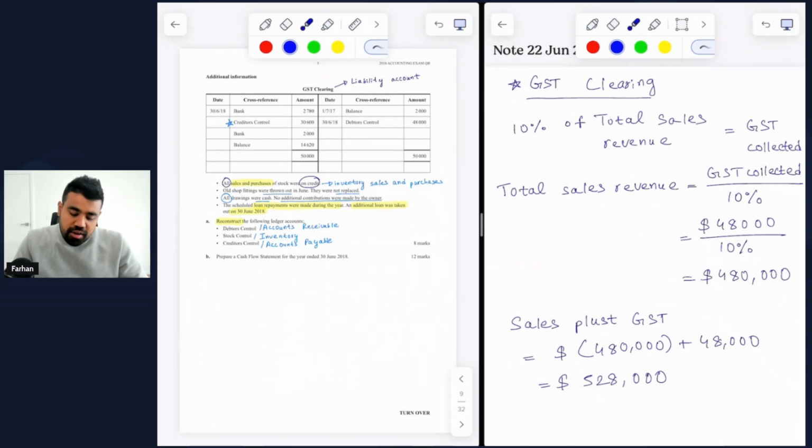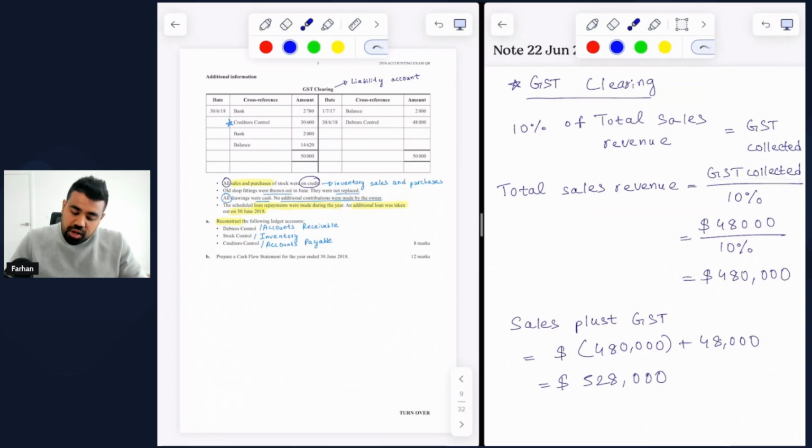We understand that 10% of the total sales revenue should give us the GST because the GST rate is 10%. So if I want to find the total sales revenue, you can use algebra and simply divide the GST that you expect to collect by 10%.